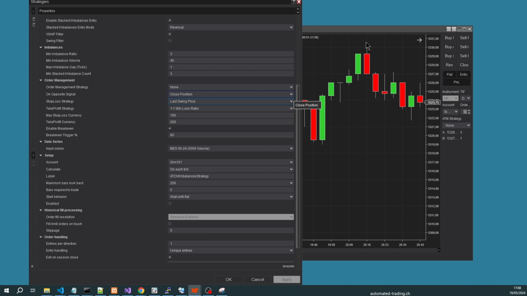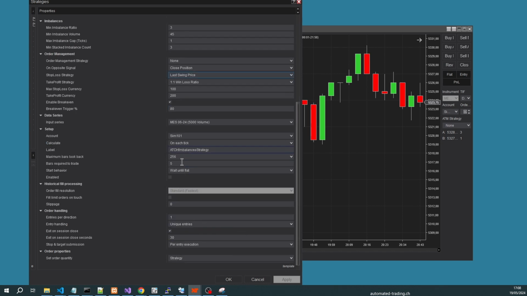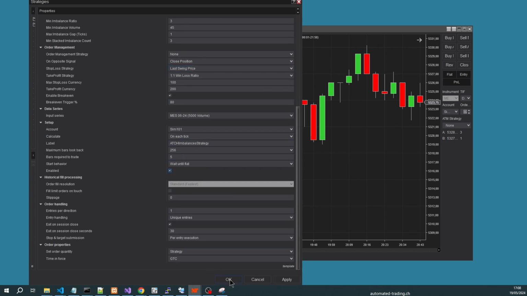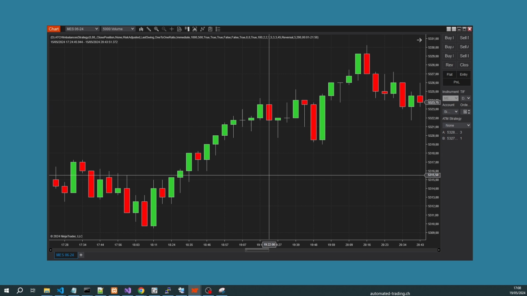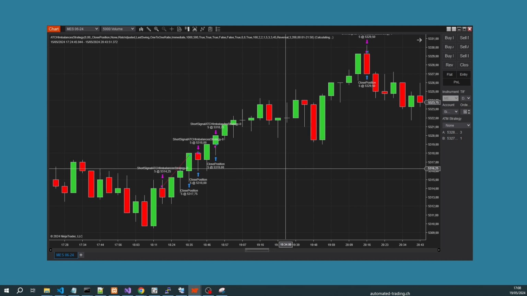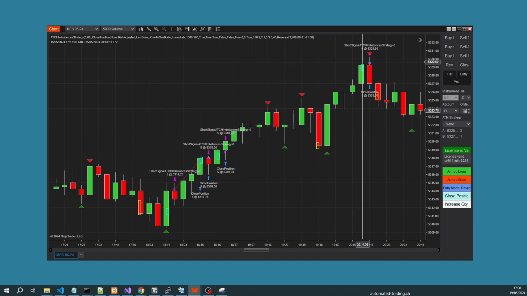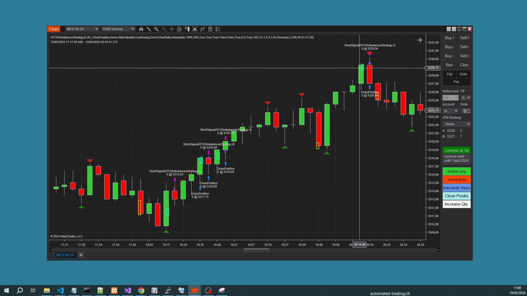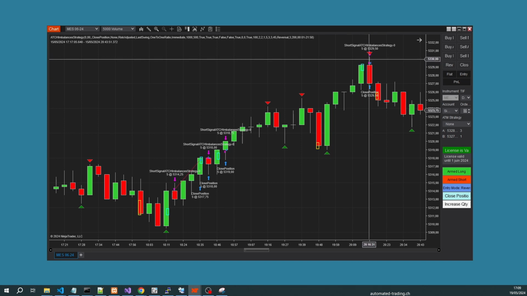Let me show you the example of what I'm talking about here. So this is not a problem, but you have to take into consideration that in some setting configurations, there are some stop loss methods that should not be selected. So here, for example, we had a buy side stacked imbalance. So the strategy will enter here.